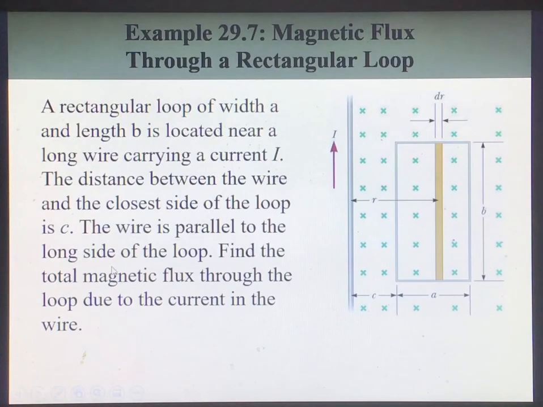All right, so now let's look at this example right here. This is example number 29.7. In this example, we're going to calculate the magnetic flux through a rectangular loop.